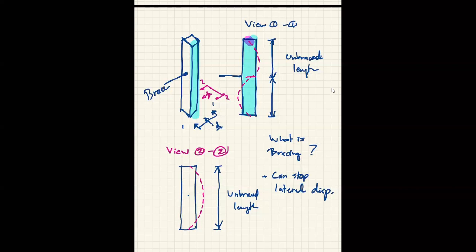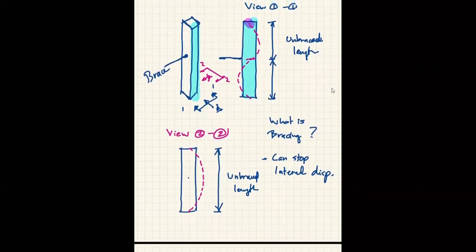Let me draw this for you. Let's say we have your case, and I'm going to draw it so that it's very clearly visible that the unbraced lengths are not equal, like that. This one clearly is longer, right?